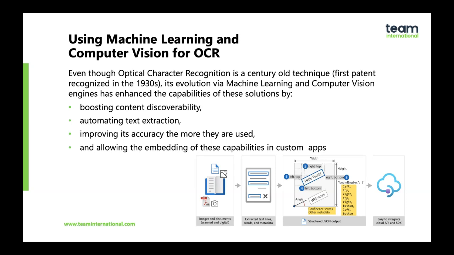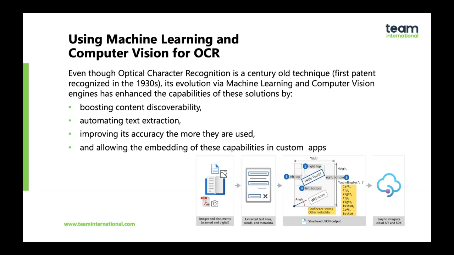For some time, it didn't change too much. However, with the advent of machine learning and computer vision advancements, this has taken new traction, thanks to the fact that machine learning allows OCR solutions to boost content discoverability. They are able to automatically read and recognize more information from the documents, automate text extraction, and improve accuracy the more they are used.